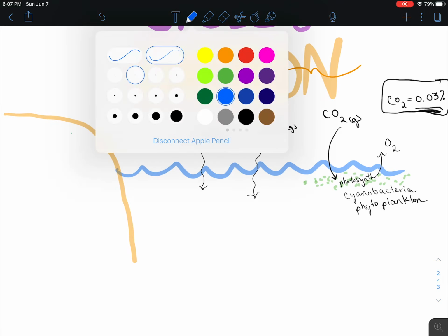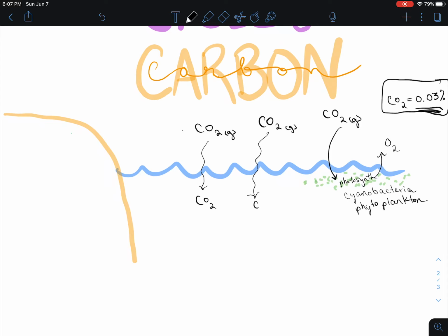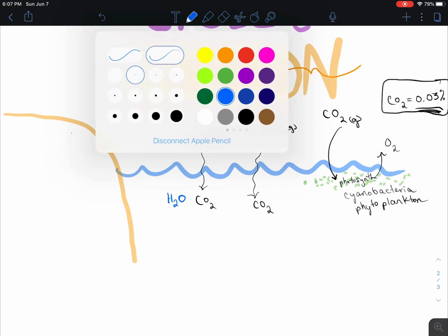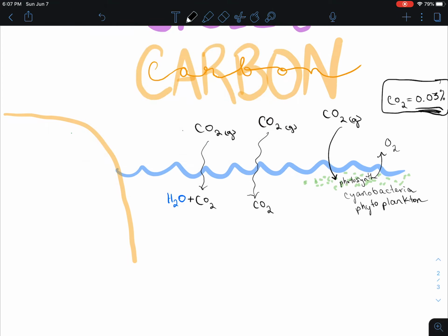So when we have CO2 now in the ocean, what compound do you think it's going to encounter a lot of? Water, H2O. And if you remember when we were learning about the respiratory system and how CO2 travels in the blood, water and CO2 undergo a reaction where we take all of the hydrogen, so H2, all of the carbon, and all of the oxygen, so 3 total oxygens, and we make H2CO3, aqueous, because it's dissolved in water, and this is also called bicarbonate.